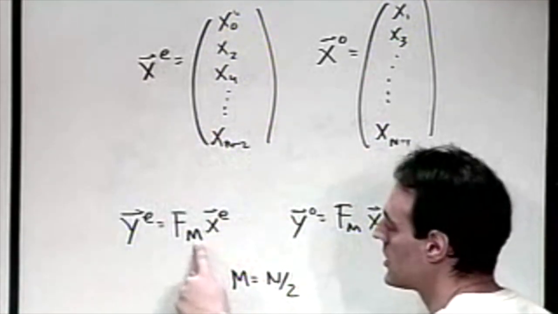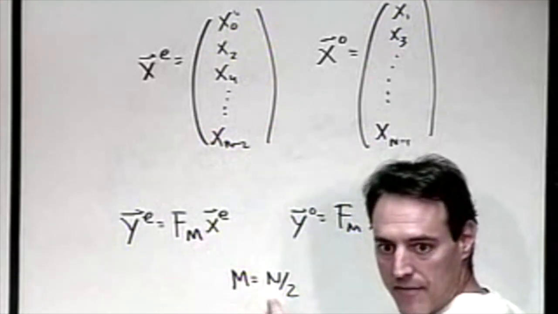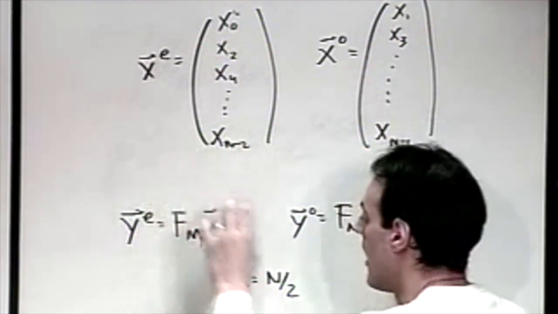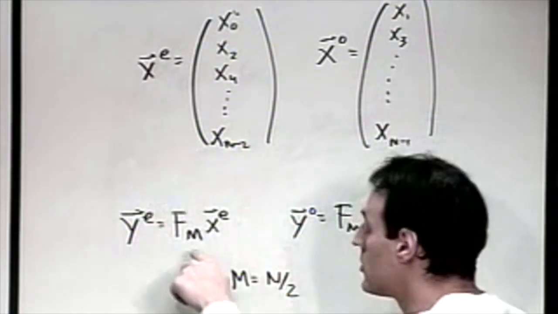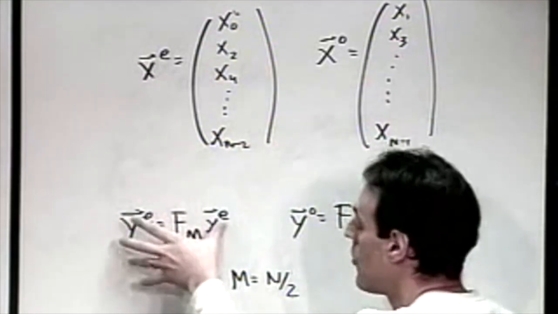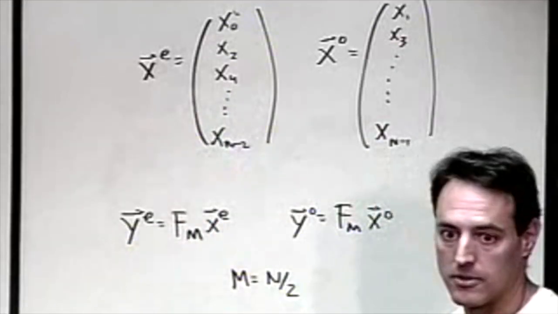The relationship holds because this is now f of m, where m is n over 2. It's half the size. And what allows us to do this is because of this relationship between the Fourier modes, this f of m basically is related to f of n in such a way that now we can take the problem and break it up into two pieces.